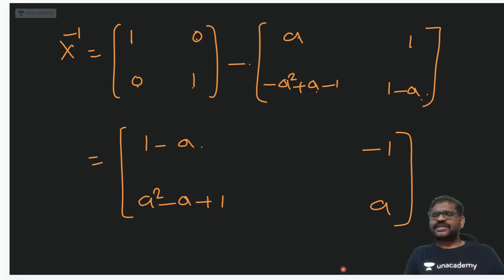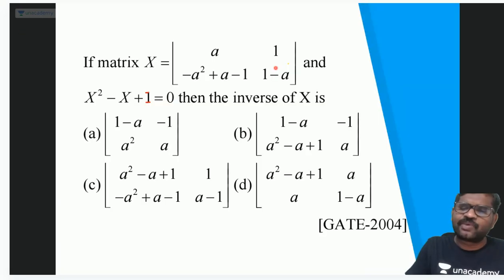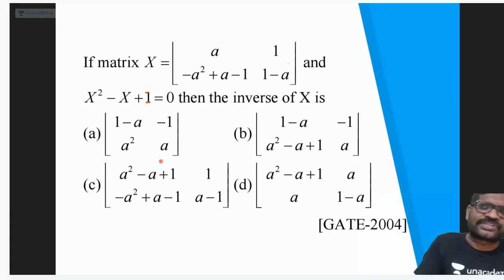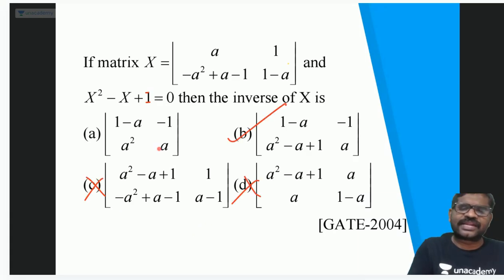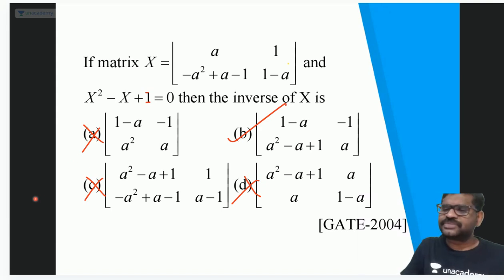Understood? Therefore, 1-a, -1 is in the first option and second option. Now, this is the correct answer. This is incorrect. Understood?